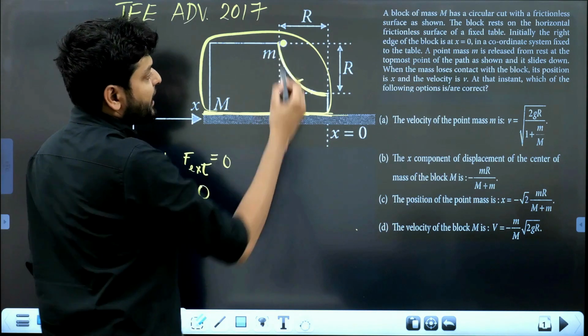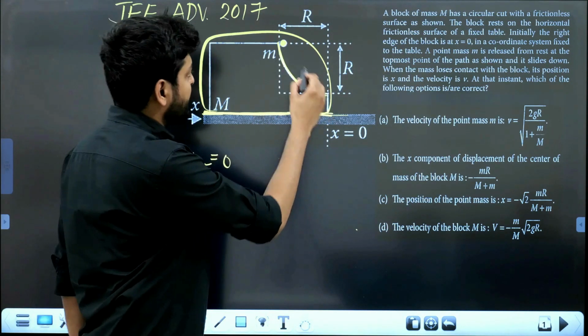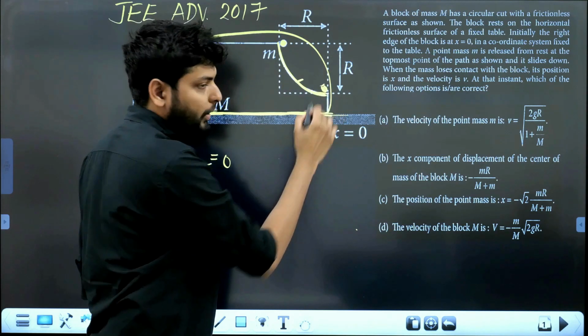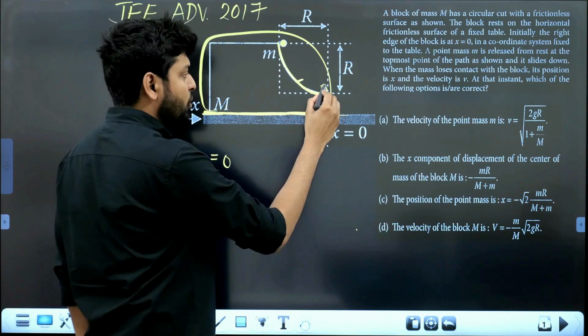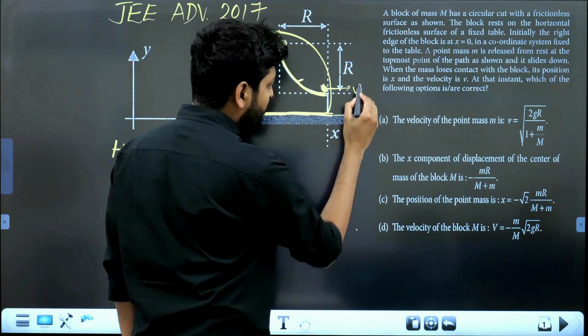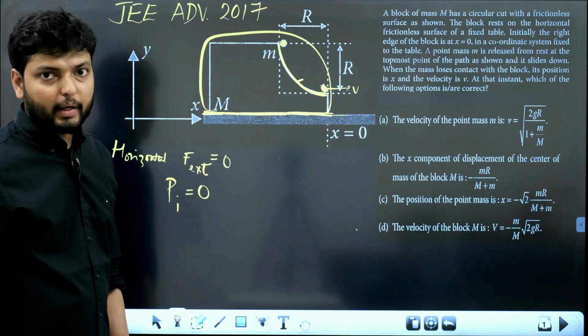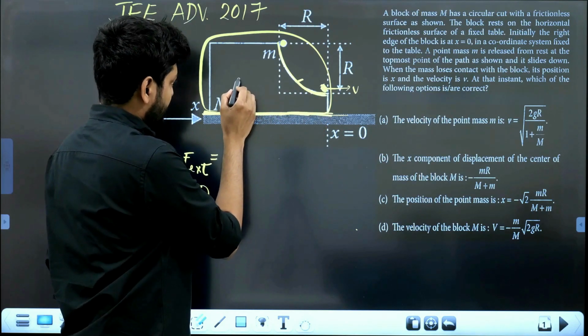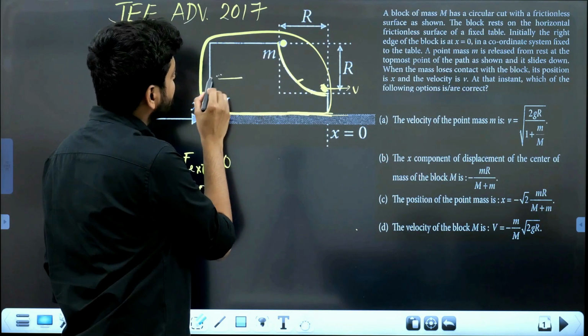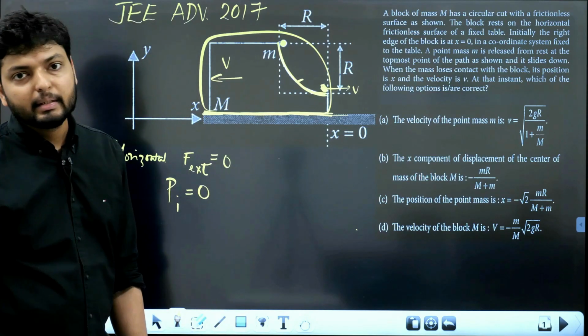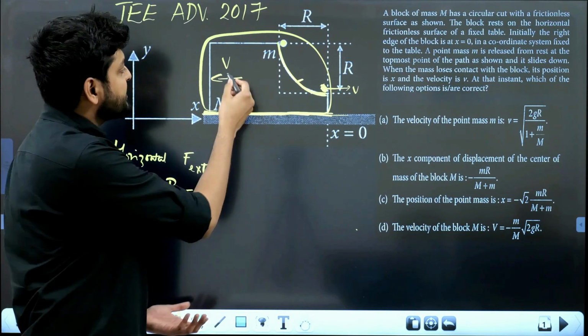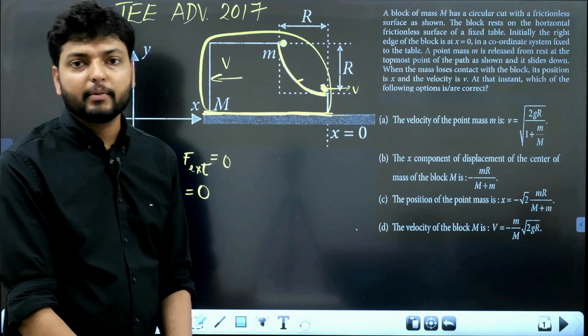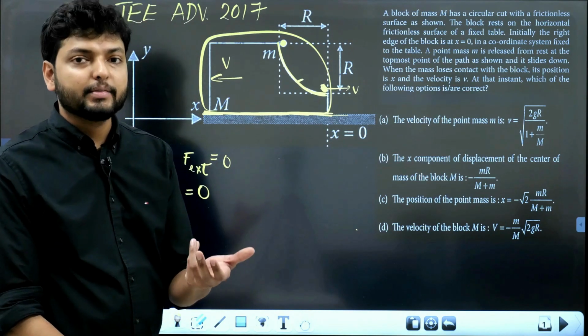Now we are concerned with the lowest point, that is when the point mass reaches the lowest point, right? Suppose it is moving with a velocity small v to the right. So this capital M, this bigger block, has to move to the left. Only then can we say that the momentum will be conserved, right? Momentum in the horizontal direction has to be conserved.